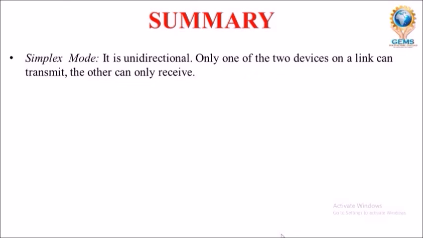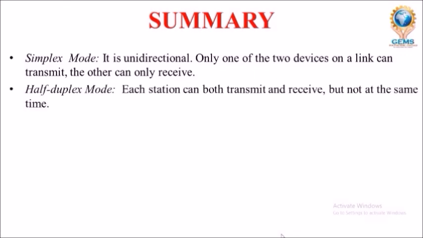First is simplex mode. As I have already told you, simplex mode is unidirectional, in which between two workstations, one is the sender and the other is the receiver. The sender can only send and the receiver can only receive. The sender cannot be a receiver and the receiver cannot be a sender.